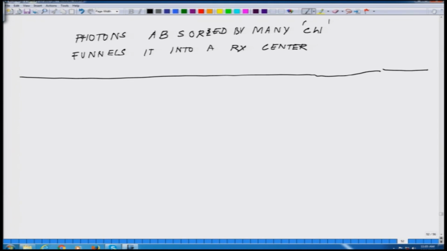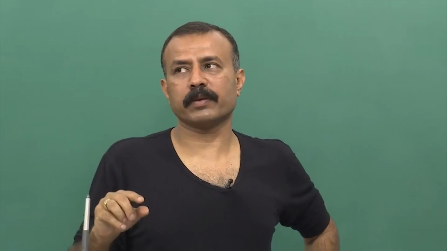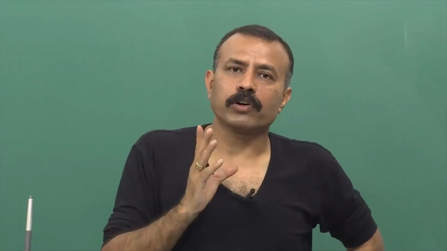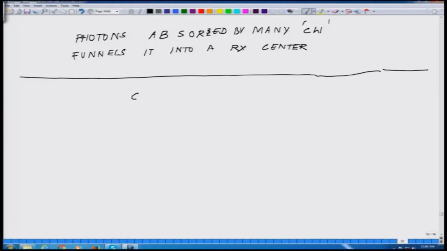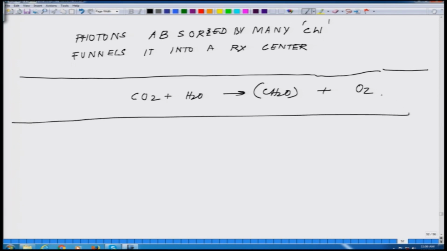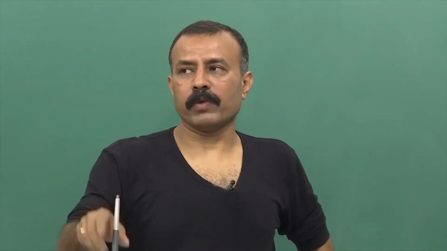Basically, the output of photosynthesis is measured. If you look back at the basic reaction, CO2 plus H2O gives CH2O plus oxygen. The output is measured by the output of oxygen. If you have a probe by virtue of which you can measure the output of oxygen, then you can measure the rate of photosynthesis.